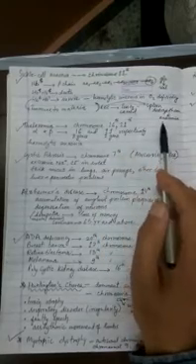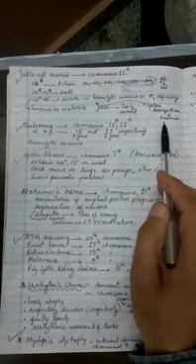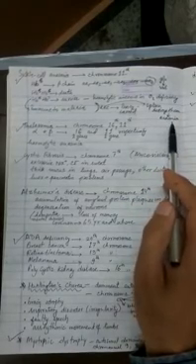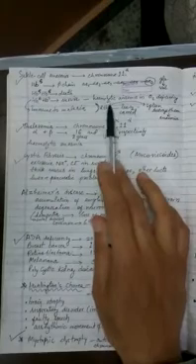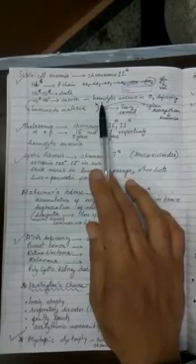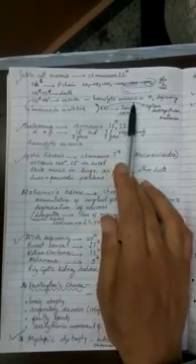So suddenly there will be a deficiency of hemoglobin, or you can say anemia. That's why it is called sickle cell anemia or hemolytic anemia, because breakdown of RBC has caused this anemia. So the sickle shape of the RBC and hemolytic anemia are the two main points of sickle cell anemia.